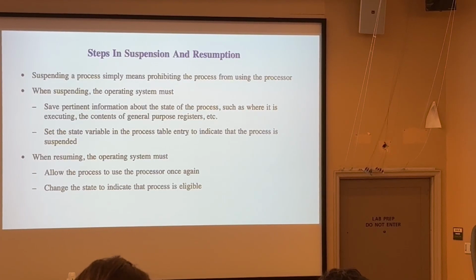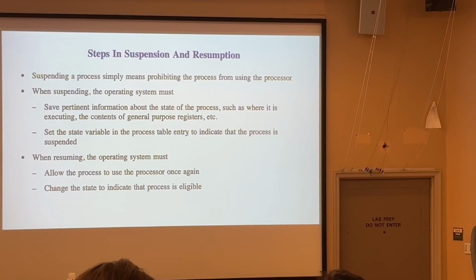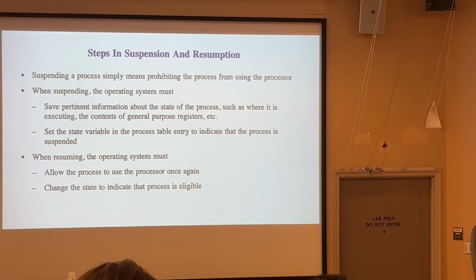If context switch is invoked through resched, what happens? You are not setting it to be suspended. You are setting it to be ready. You are switching two processes. You're picking a ready process to switch in to run on the CPU, and you are switching out the current process running on the CPU and putting it on the ready list. That's what you do in a normal context switch.